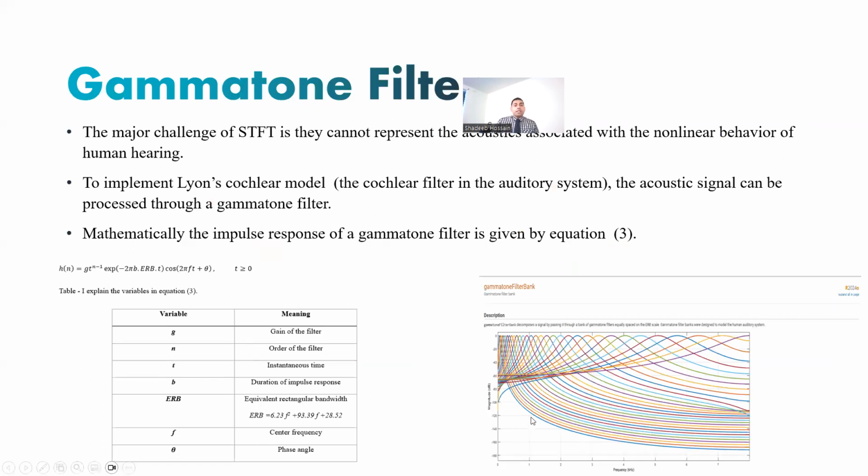Now, the problem is sometimes the short-term Fourier transform might not be an accurate representation. Why? As mentioned in certain literature, the major challenge of the short-term Fourier transform is that it cannot represent the acoustics associated with the nonlinear behavior of human hearing. In order to replicate that, we have to pass it through a filter.